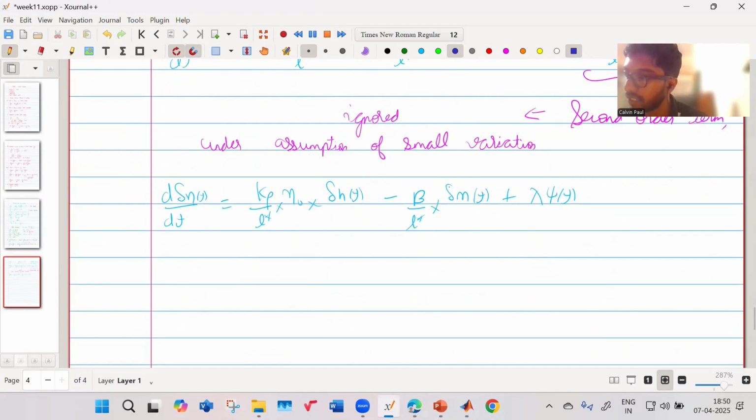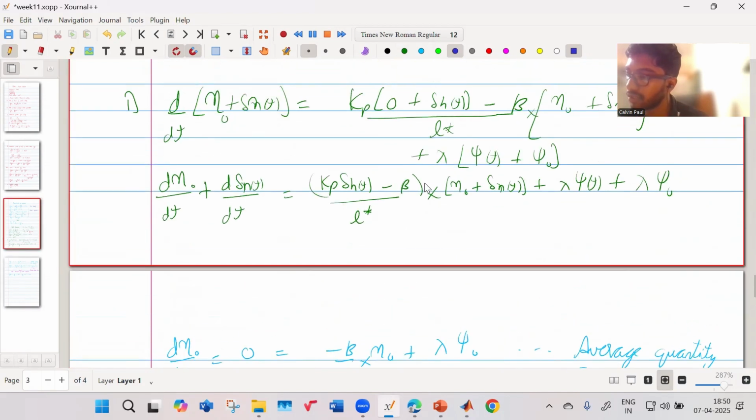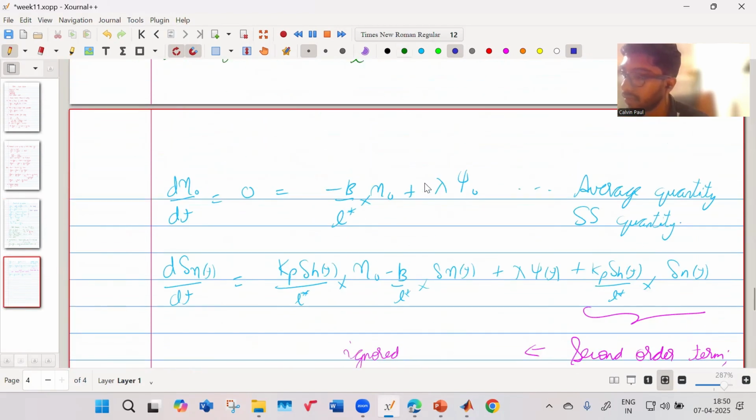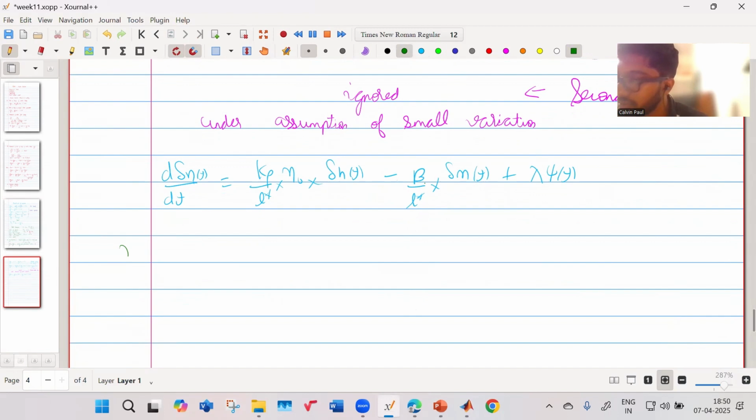What we will get in that case is equation 1. Equation 2 is, what is equation 2?